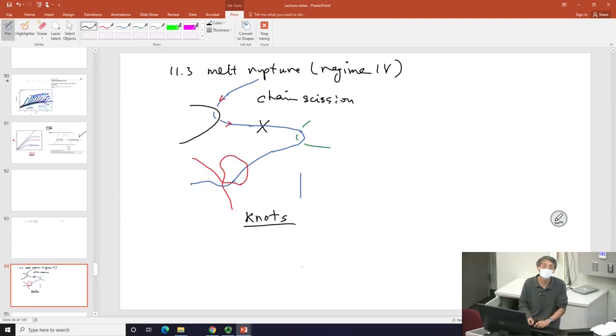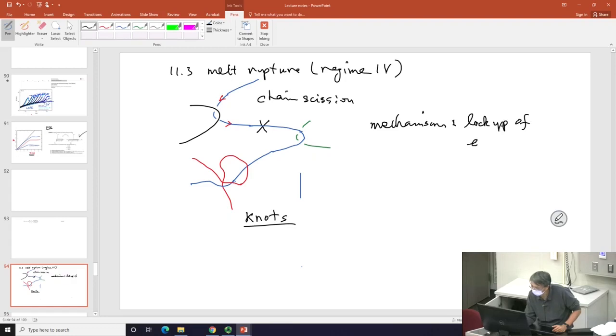So that's the speculation. With that speculation, one can at least start to look for the mechanism for the lock-up of entanglement. So how could this entanglement lock up? I won't be able to finish it, but we'll have a beginning of this.